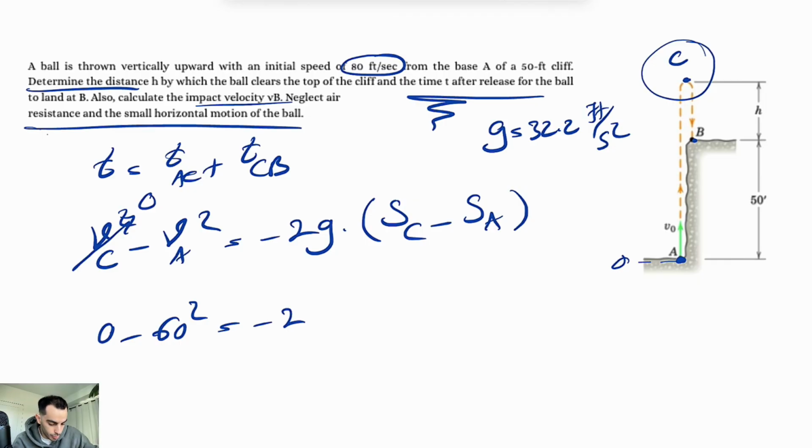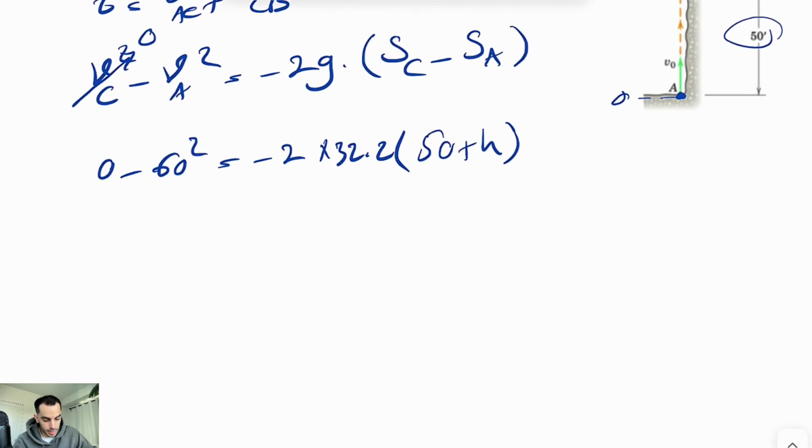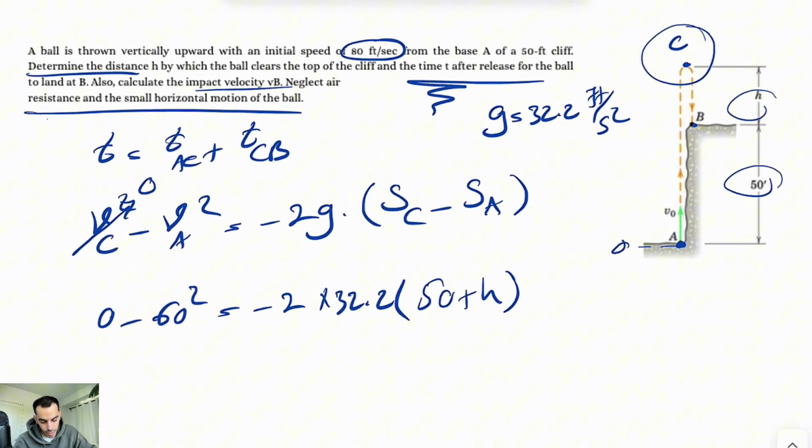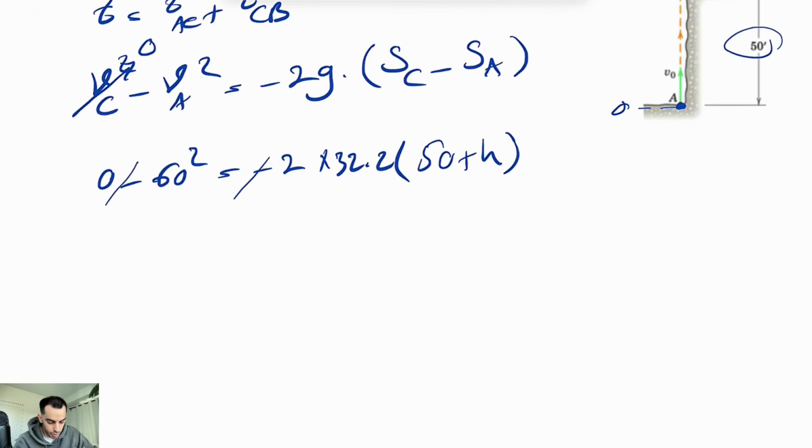So 32.2, and our distance is 50 plus h. This should give us the h that the question is asking in the first part. The negatives will cancel out from each side, and let's calculate this ratio.